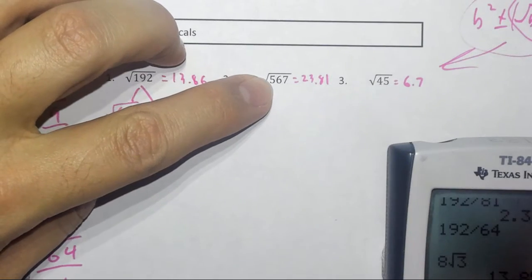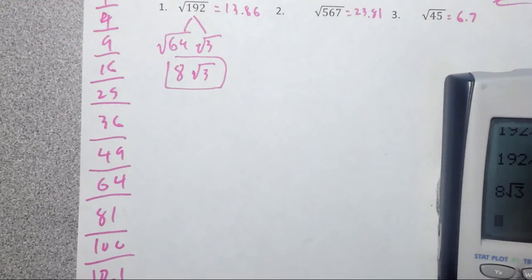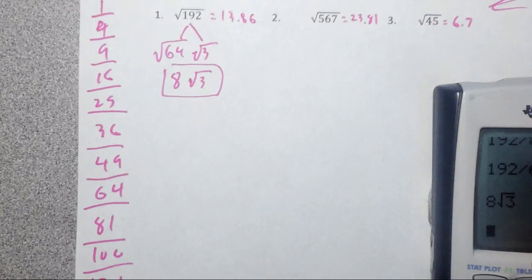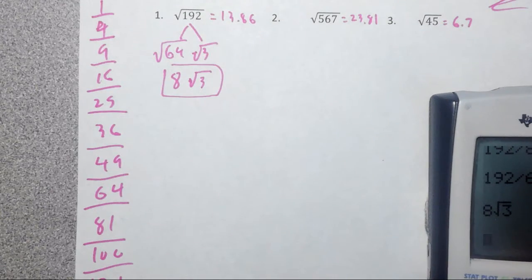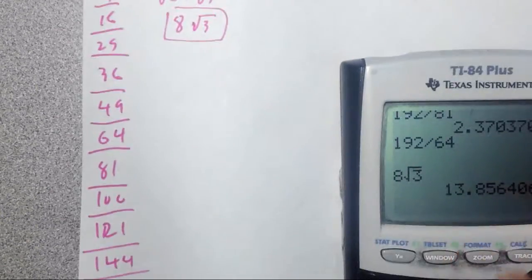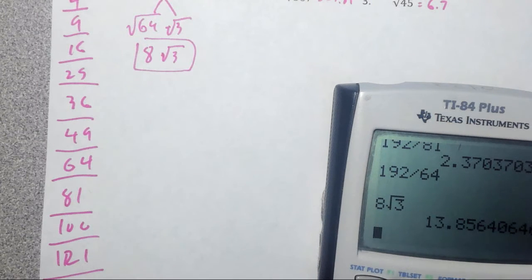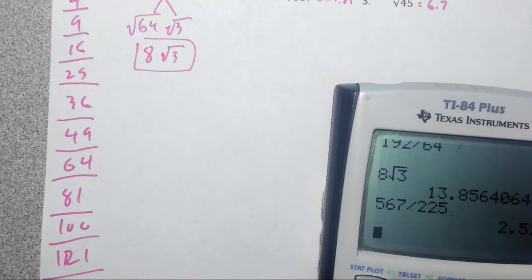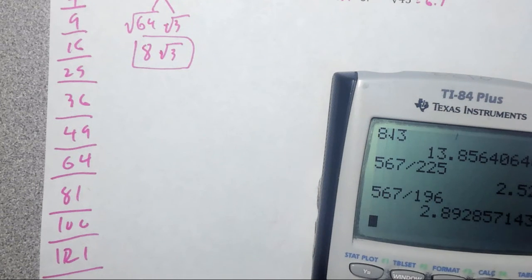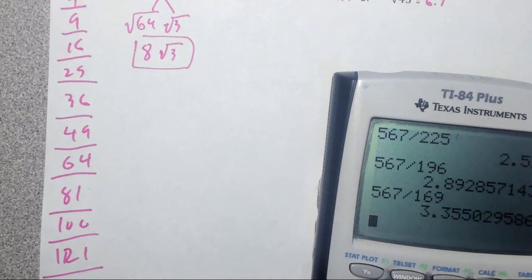Let's try 567. I'm not going to do all the squares up to 600, so you're just going to start with the ones I have here. I divide 567 by 225, doesn't work. 567 divided by 196, doesn't work. 567 divided by 169, doesn't work.